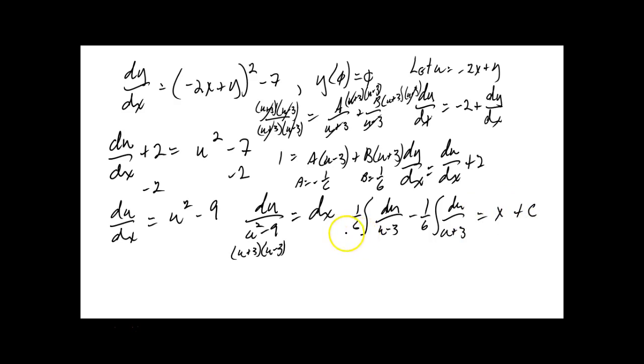What does the first integral give us? 1/6, the log of u minus 3 minus 1/6, the log of u plus 3 is equal to x plus c. I'm going to put log c for a minute here, okay?